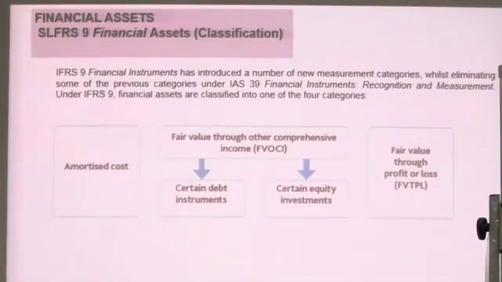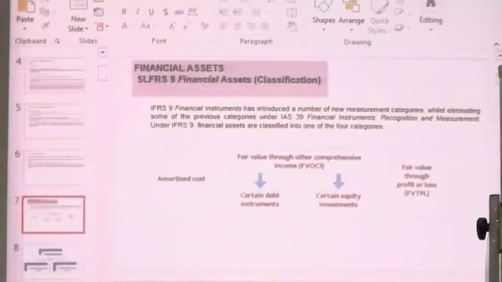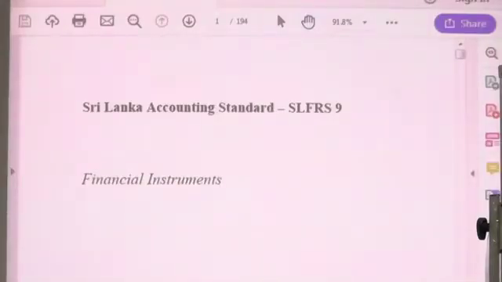Clear? This is the most important part, introduced by IFRS 9, the classification of financial assets. The classification of financial asset is clearly explained in the standard under chapter 4.